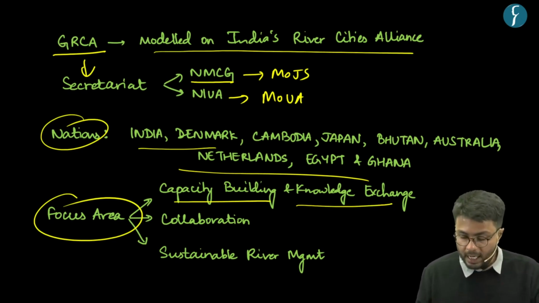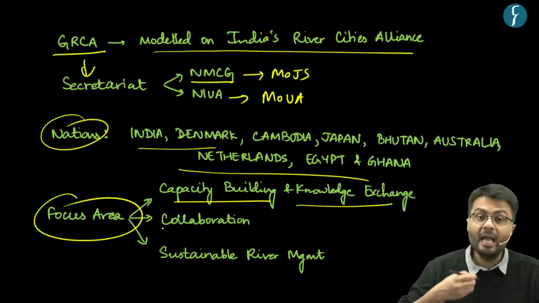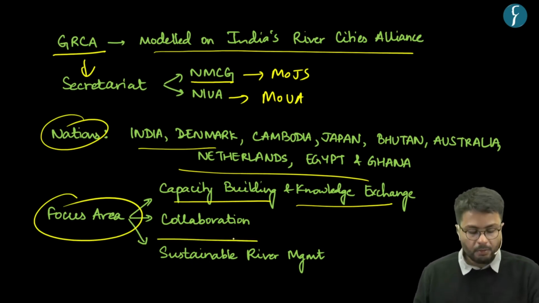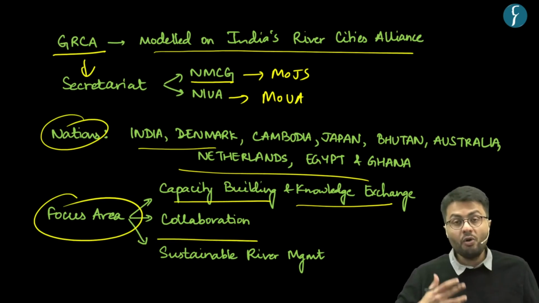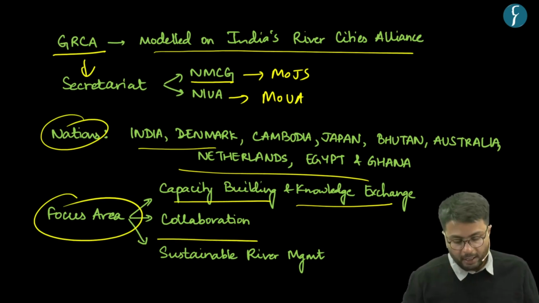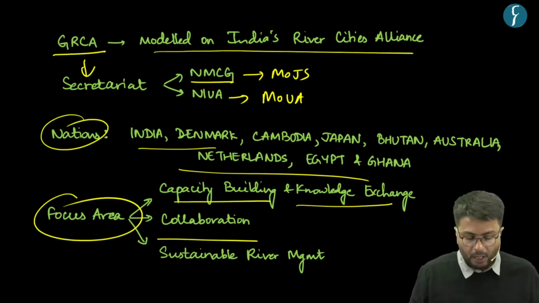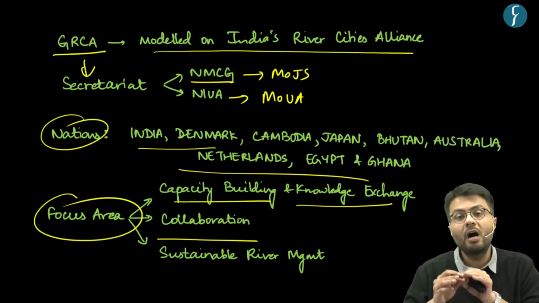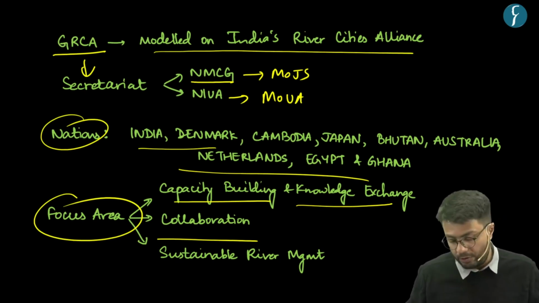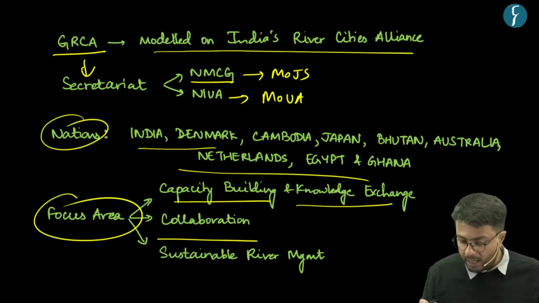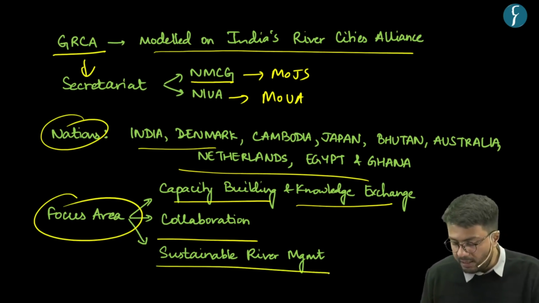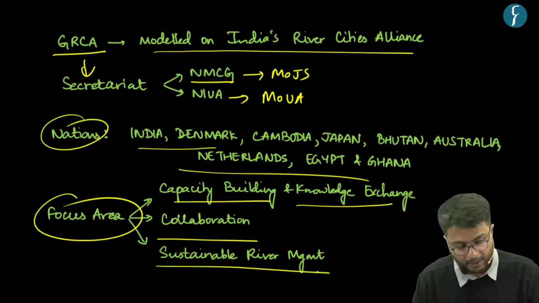Further, this alliance aims to increase collaboration between these countries in order to undertake water monitoring and share best practices related to urban areas and their rivers. Hence, you can say that this body aims to fulfill sustainable river management.